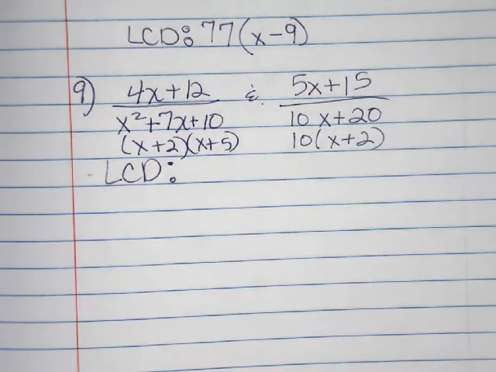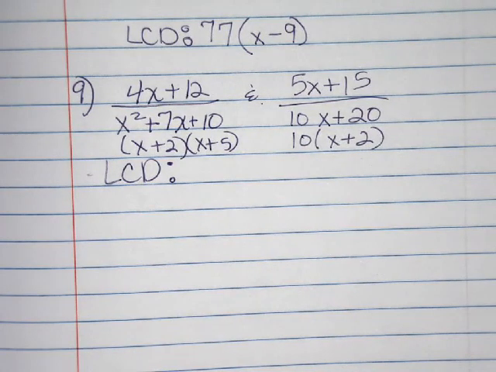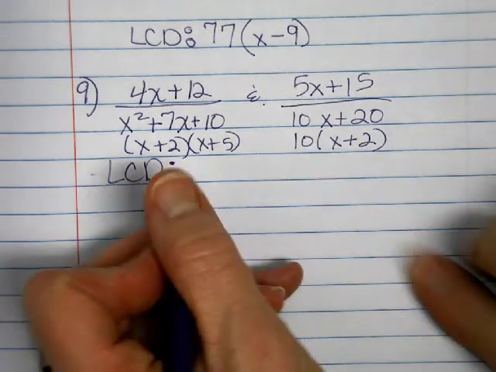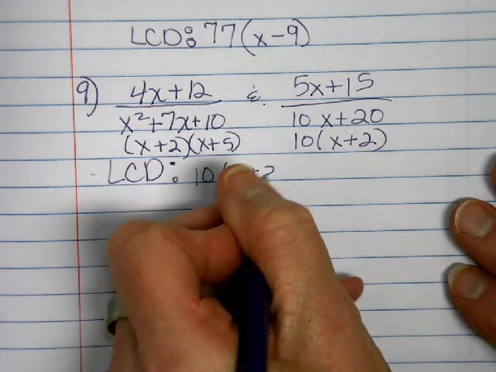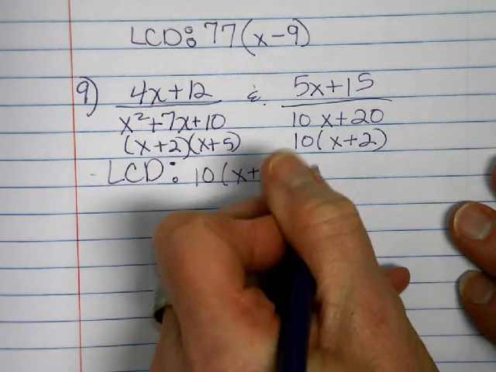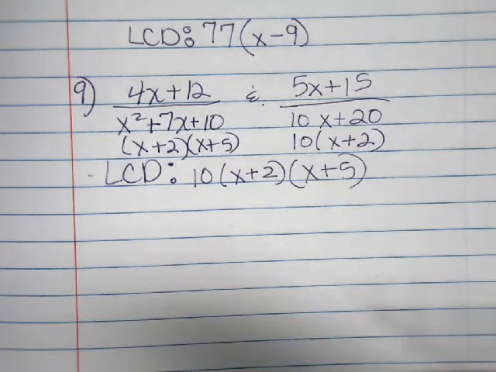So I factor x plus 2 times x plus 5. This guy has a factor of 10 and x plus 2. And gather the like factors.